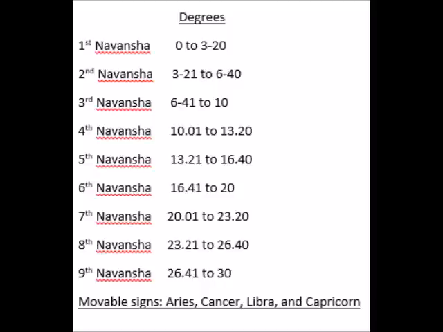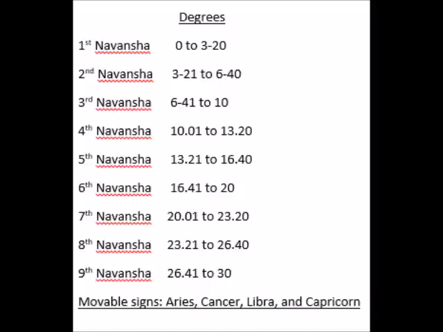However, the great rule for where the planets will be placed in the Navansha chart is that the calculation will be only from the movable signs.